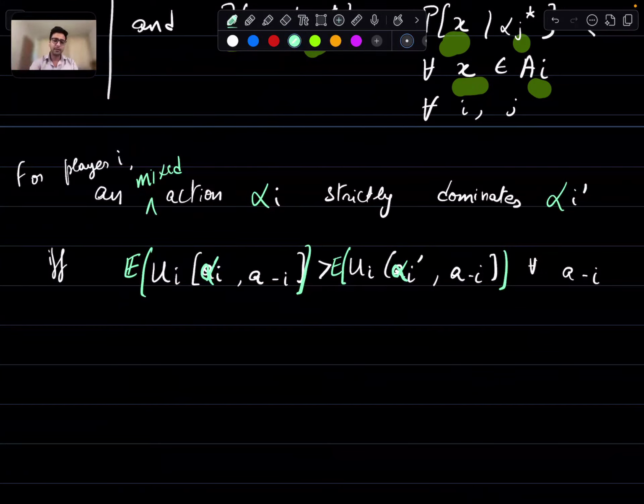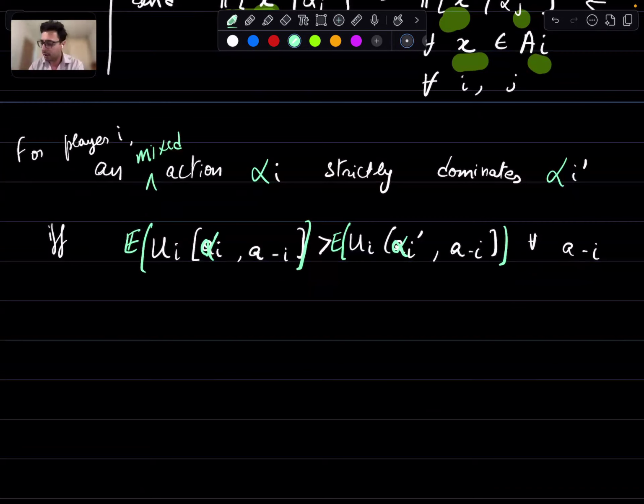And you only need to test it for actions of other players, not over mixes over actions. Because if it's true for every possible combination of actions that those other players can possibly take, then this will also hold for every possible mix over those actions. So if alpha i is better than alpha i prime for every possible action combination for other players, then it's also going to be true for every possible mix over actions that other players could take. And so this is just simpler to check.